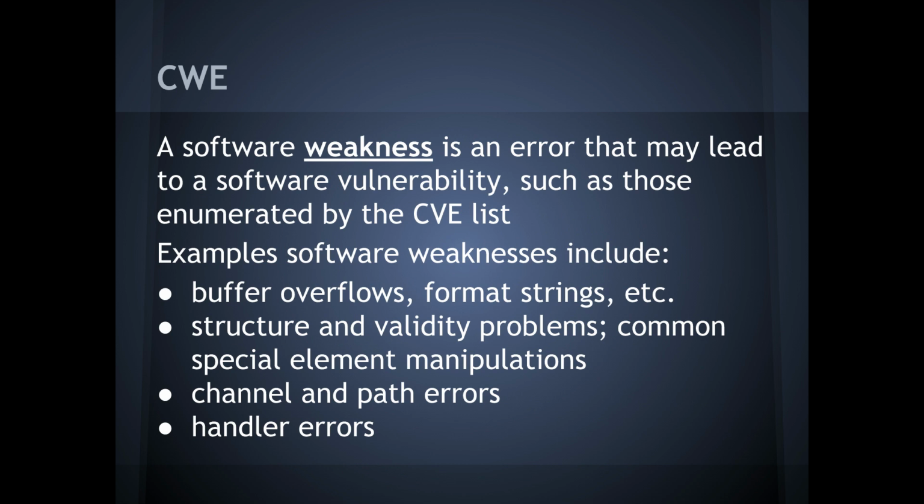Now, CWEs are basically exposures, in that it's an error that may lead to a software vulnerability, may be used as a stepping stone, but they are a superset of vulnerabilities.